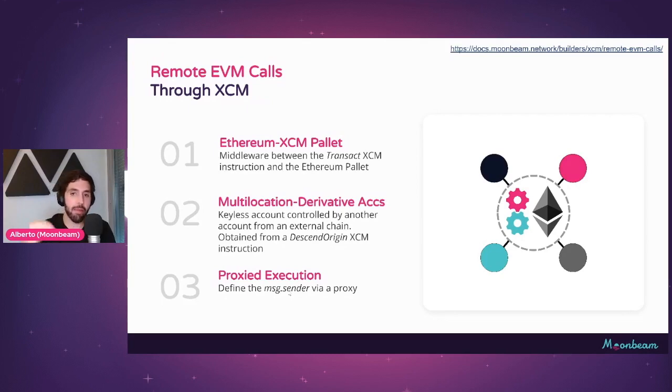So if I have my multi-location derivative account, and you can find a lot more information about how this is calculated in the docs site. But you can say, okay, I want to create a proxy to that multi-location derivative account so that it would still pay for the fees, but the message sender, which is a very important thing in Solidity contracts or in Ethereum contracts, you can actually own the private keys of that message sender.